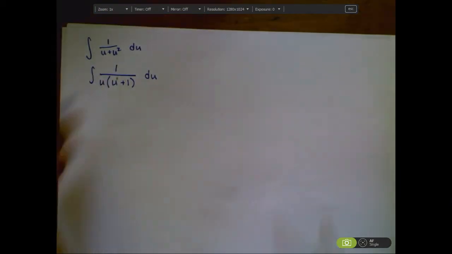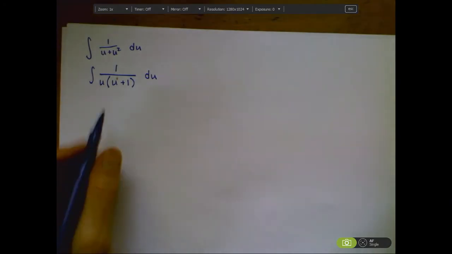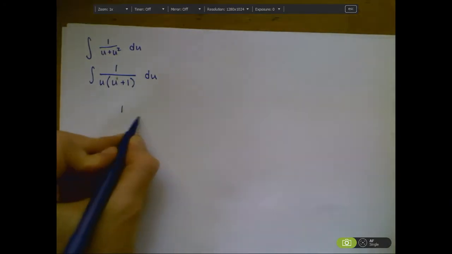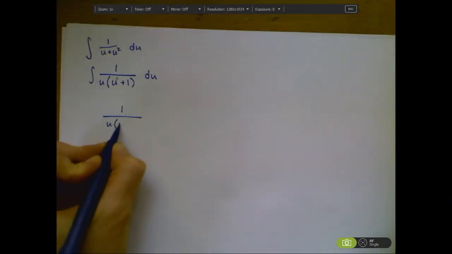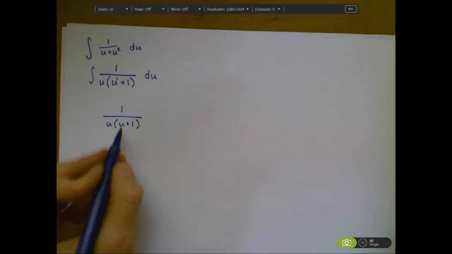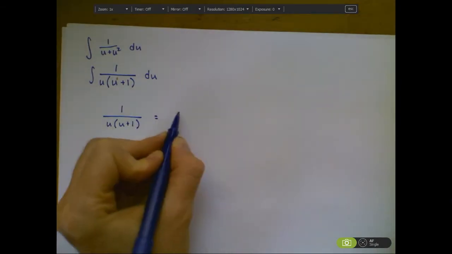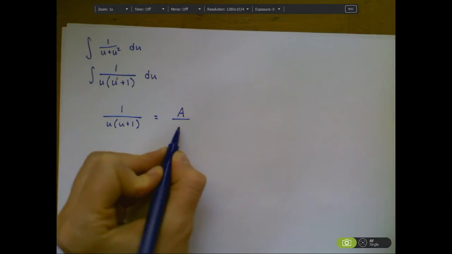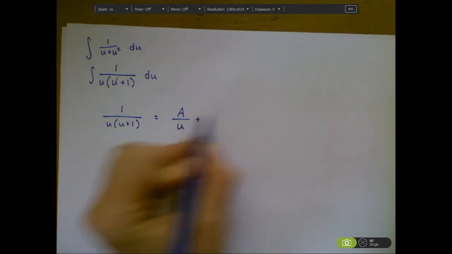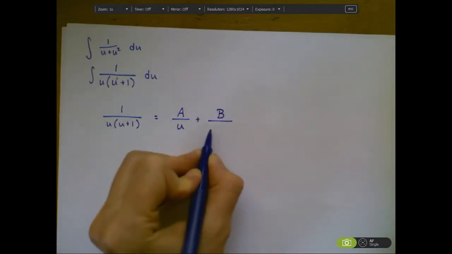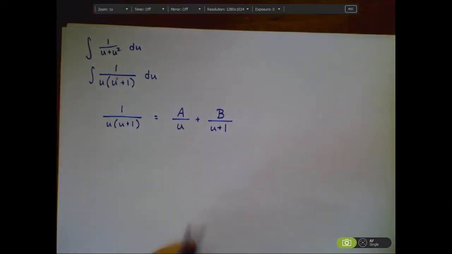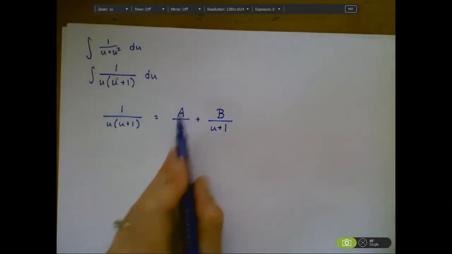And I'm going to have to rewrite this in terms of fractions. So this fraction right here, 1 divided by u plus 1 times u, is going to have to be equal to A over u plus B over u plus 1. I need to figure out what A and B are going to be.